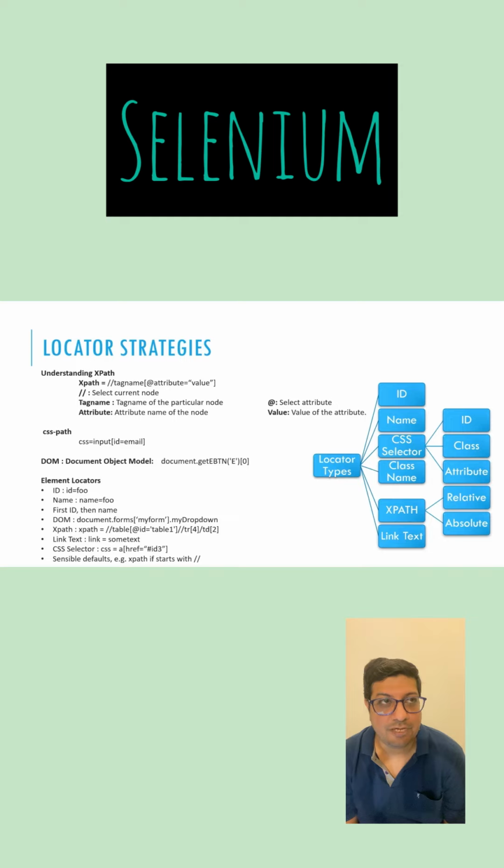Most product tools like SAP or Oracle HCM do not have a unique ID generally associated with them. In such cases you can make use of XPath. You can see on the screen how we can create the XPath using the ID or some other attributes of that particular element.